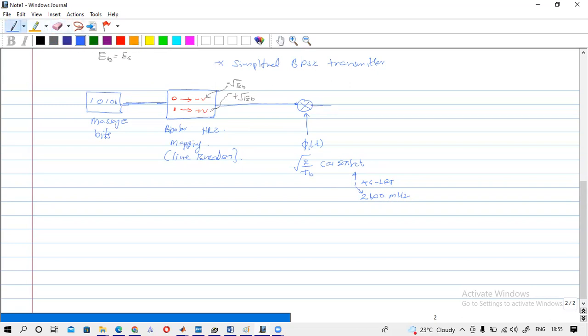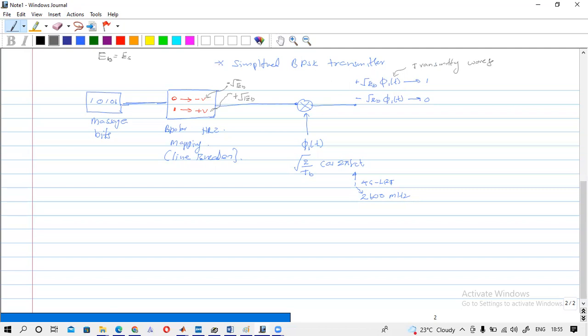So what is the output here? The output will be plus root Eb times phi1(t), that is for 1, or minus root Eb times phi1(t), that is for 0. So this will be your transmitting waveform.